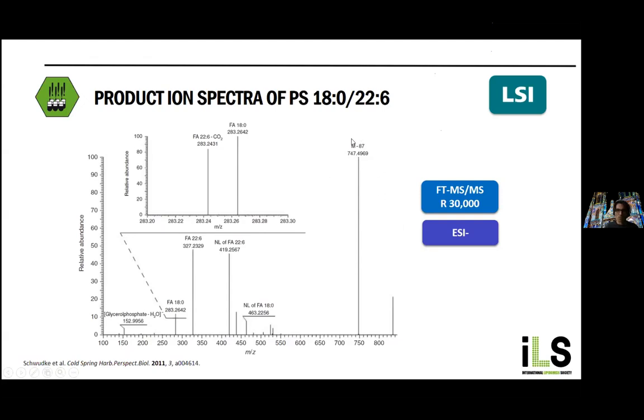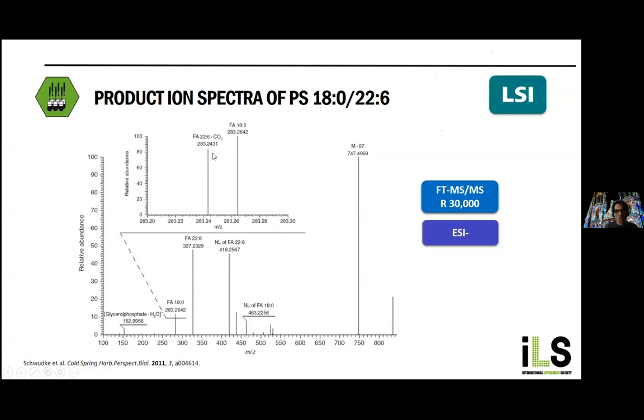For instance, if you want to differentiate certain fragments: for this PS species, you have, of course, an acyl fragment for the 18:0, but also the docosahexaenoic acid. And for these highly polyunsaturated fatty acids, it's known that they lose CO2 during fragmentation.